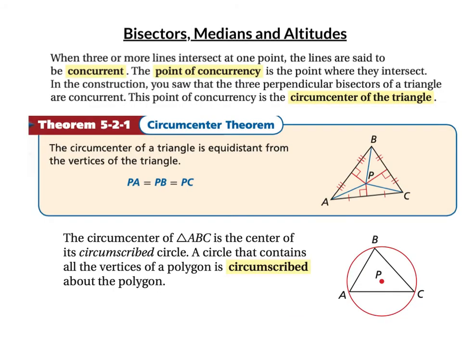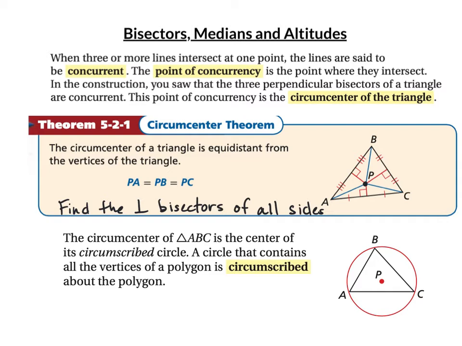Some more vocab. When three or more lines intersect at a point, the lines are said to be concurrent. The point of concurrency is the point where they intersect. That would be this one here. In this case, the point of concurrency is called the circumcenter. And the circumcenter you get by finding the perpendicular bisectors of all the sides.